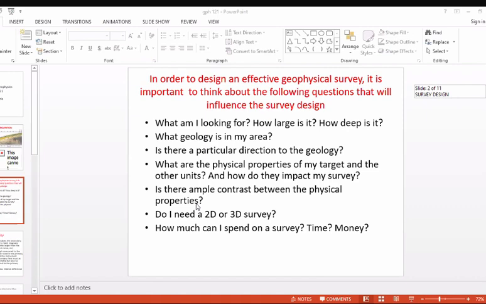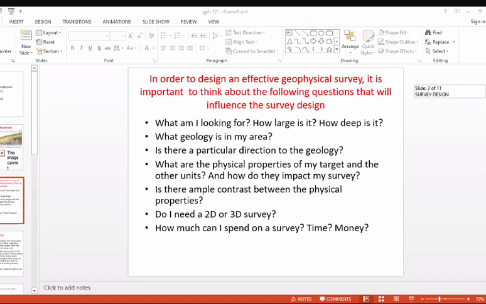For me to use the gravity method, I must be looking for what we call density contrast. There must be density contrast between the anomaly and what is surrounding the anomaly.